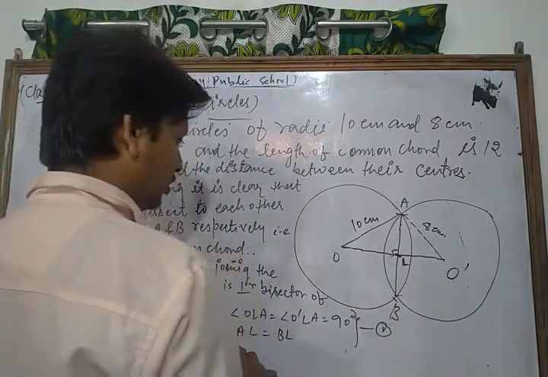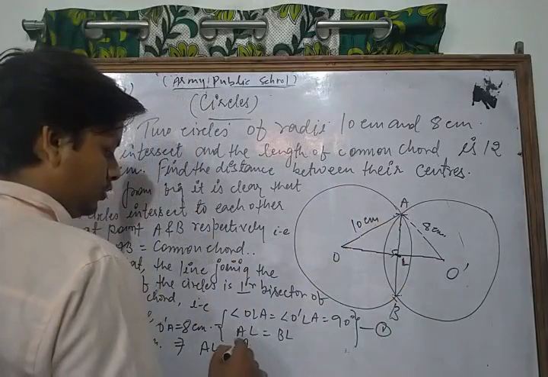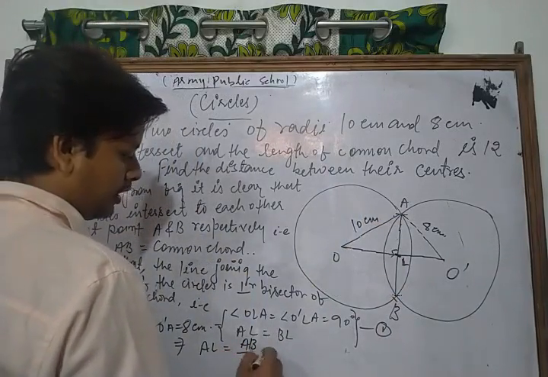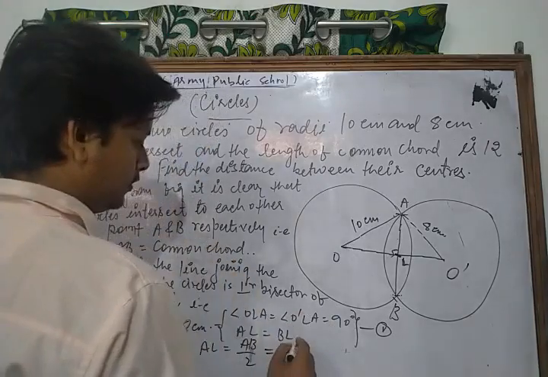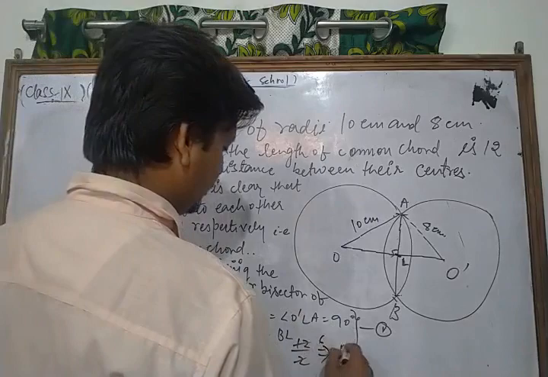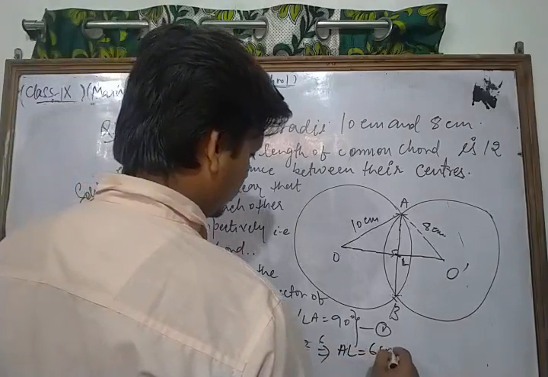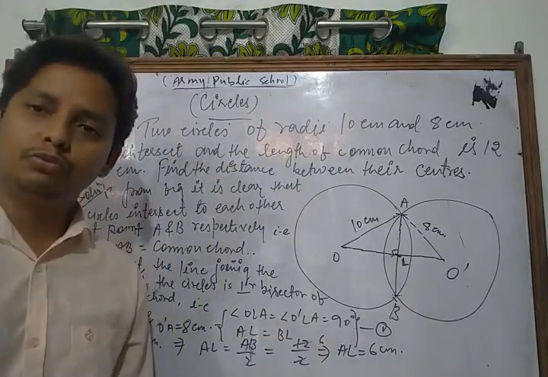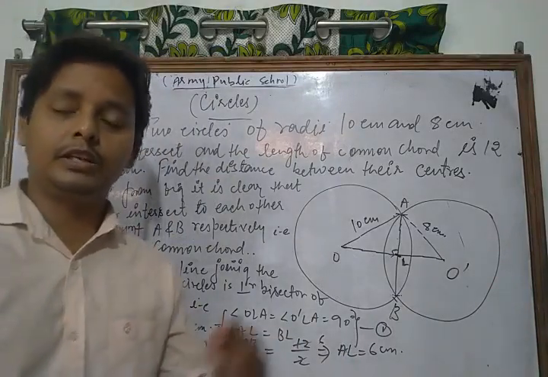So AL is equal to half of AB, which is 12 upon 2, that is 6. So we have AL is equal to 6 centimeter.